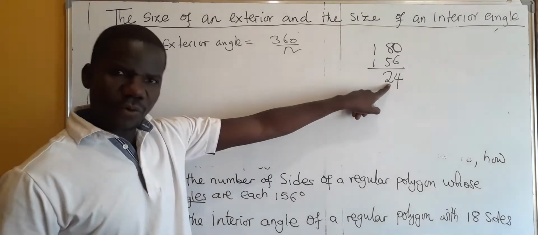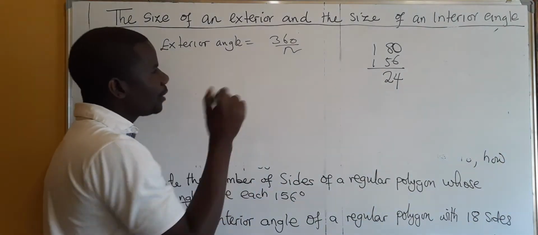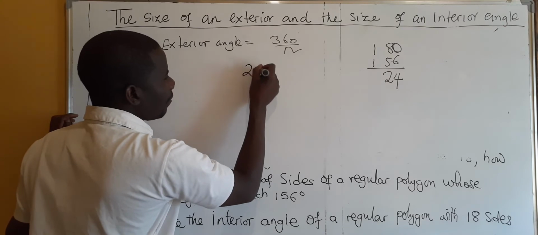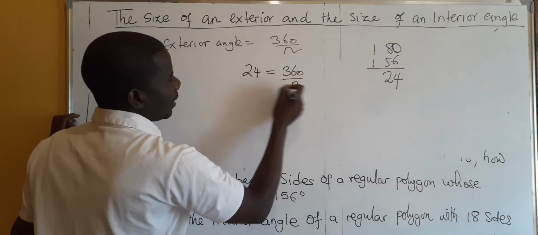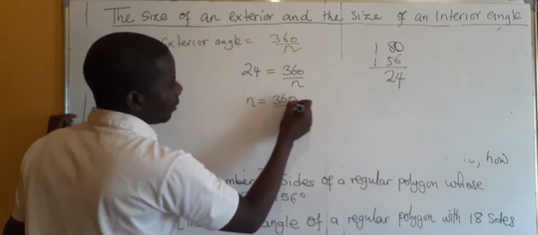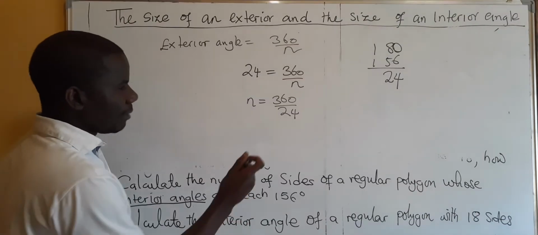What is this 24? 24 is our exterior angle. That is what we're going to use now in the formula: 360 over, again it will be n now, 36 over 24. What did I say? You can break this down.